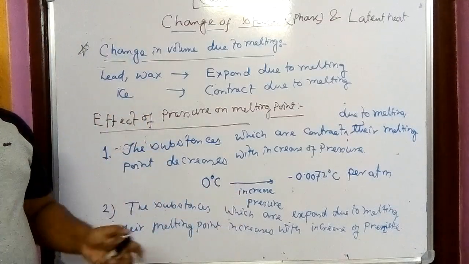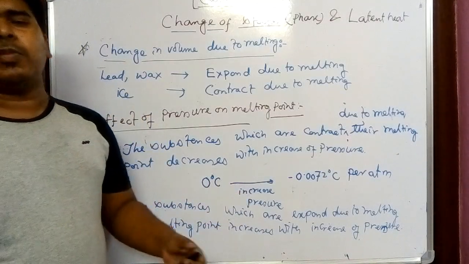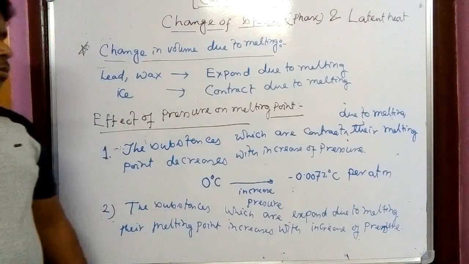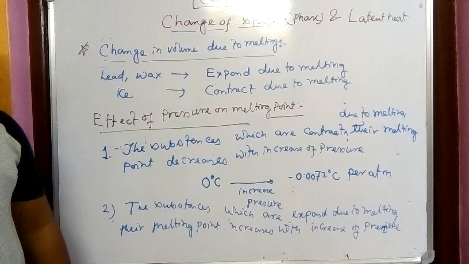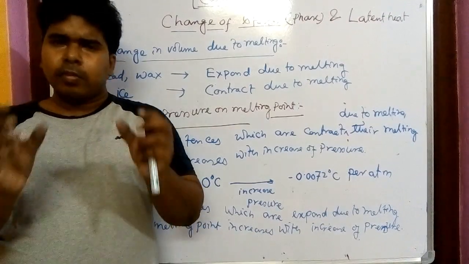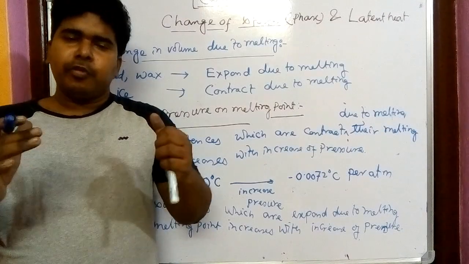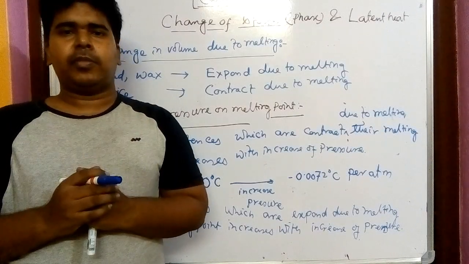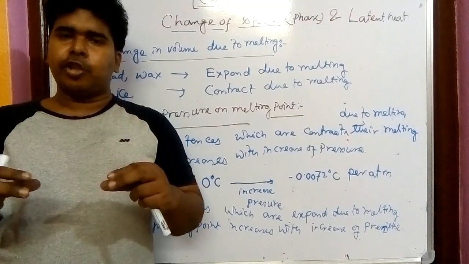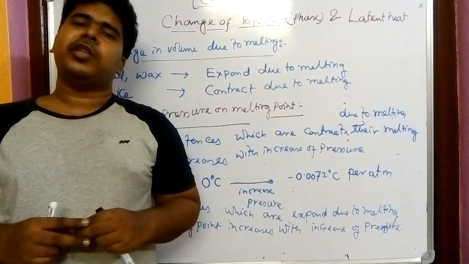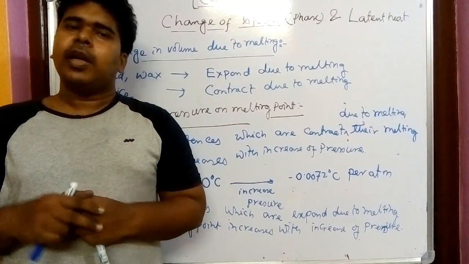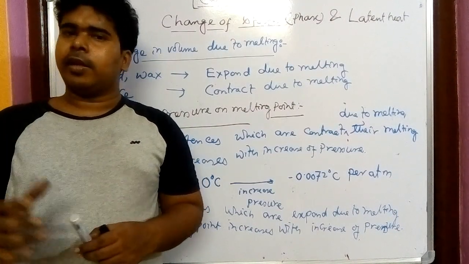For lead and wax, it is difficult to show how the volume or the melting point increases. But with water, if you take two ice cubes and apply pressure on them, you will see that after some time the two ice cubes connect with each other and make one ice cube. If you try it at your home, you will get it.